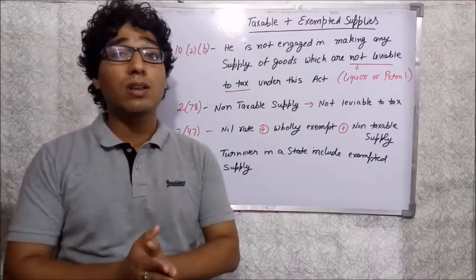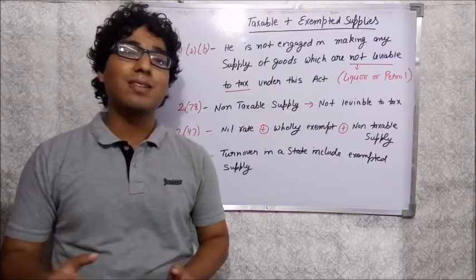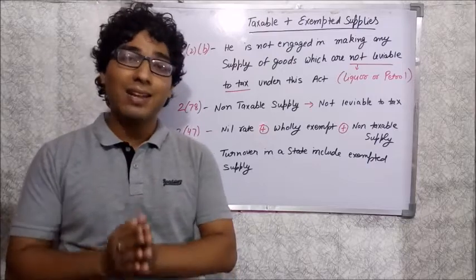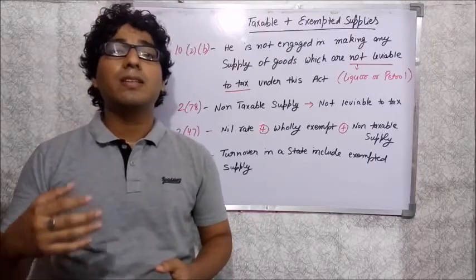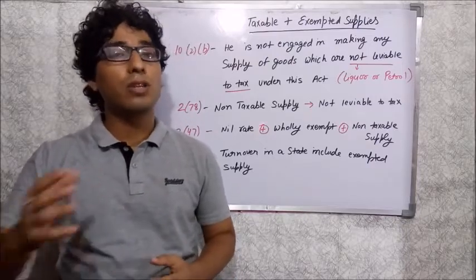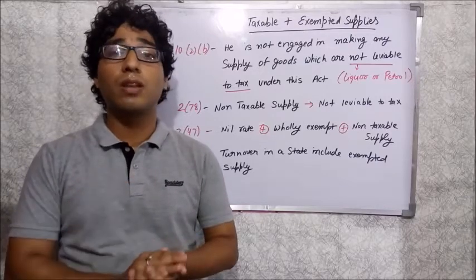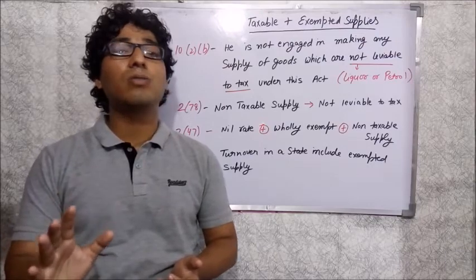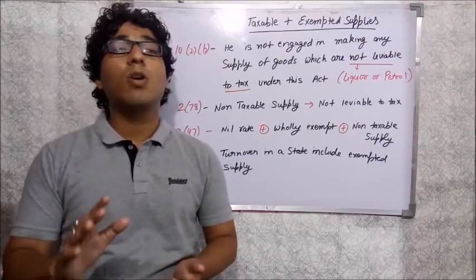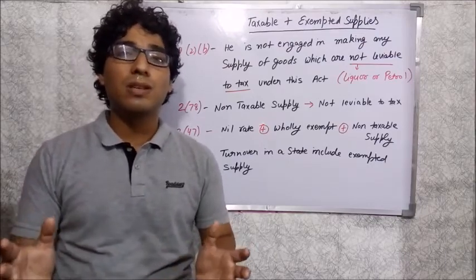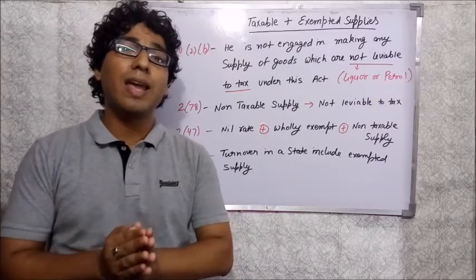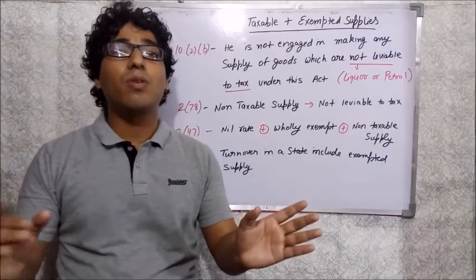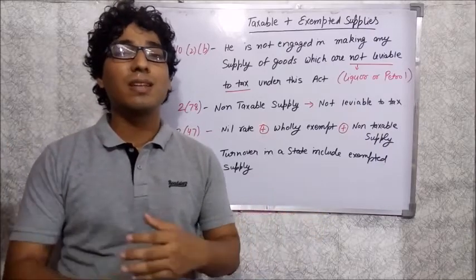So if the restaurant is also licensed to sell beer, wine, or liquor, we know that liquor is outside the scope of GST, liquor is not leviable to tax. So those restaurant owners who are supplying both restaurant service plus selling beer, wine or liquor cannot avail the scheme.